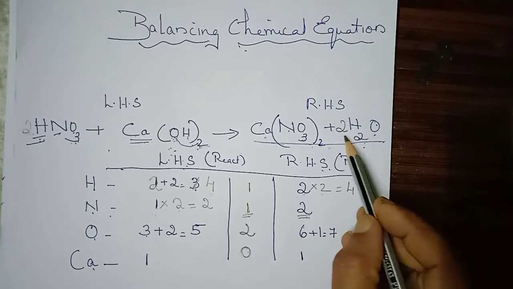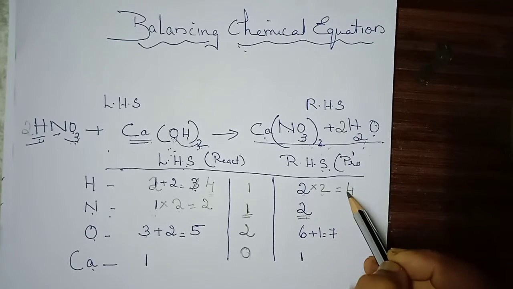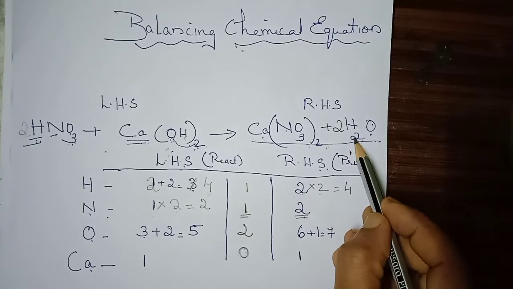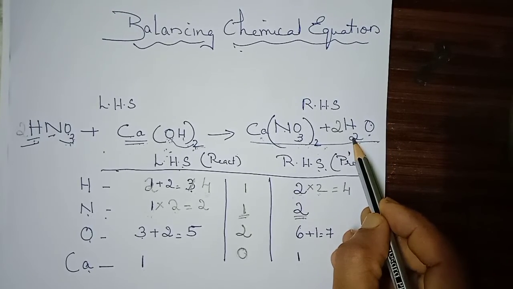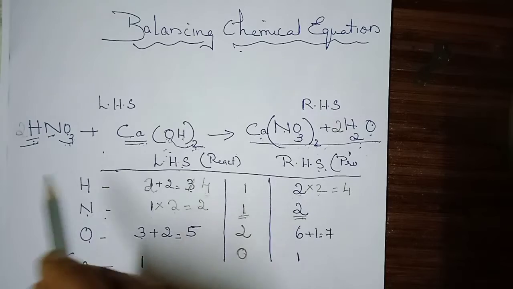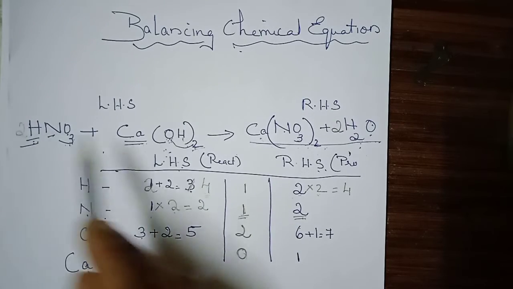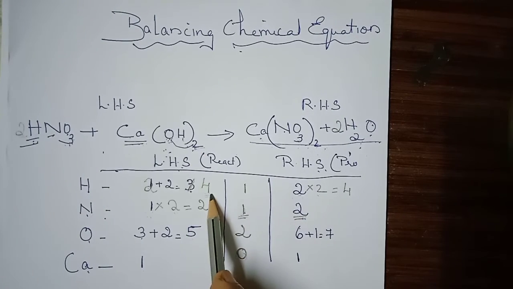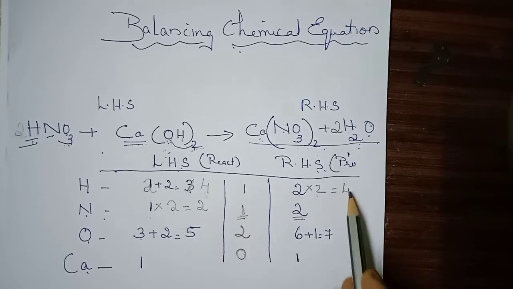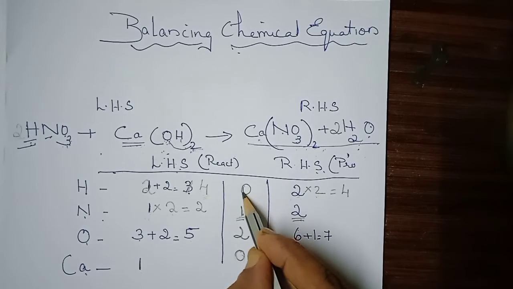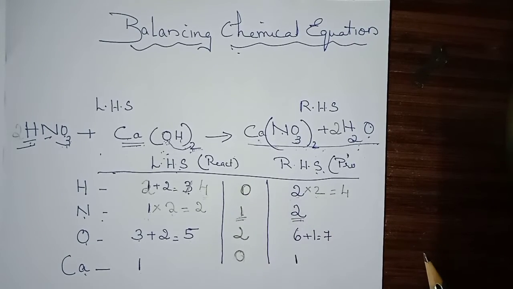Right. So now 2 into 2, 4. So here I have now 4 hydrogen, and here I have 2 plus 2, that is equal to 4. So 4 minus 4, 0. Now the hydrogen is balanced, right?